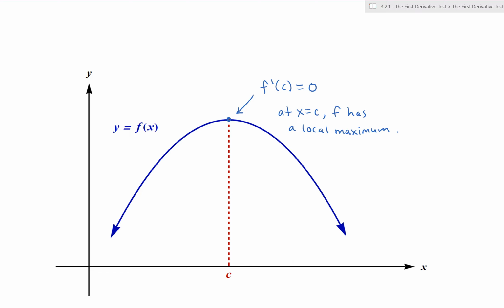And then you notice, as we move from left to right towards x equal to c, everything to the left of c in this case, the derivative of the function is bigger than 0, and that's true for values of x less than c, right?